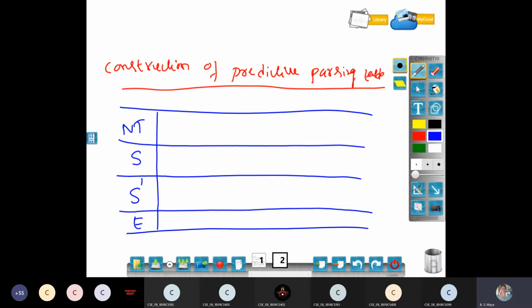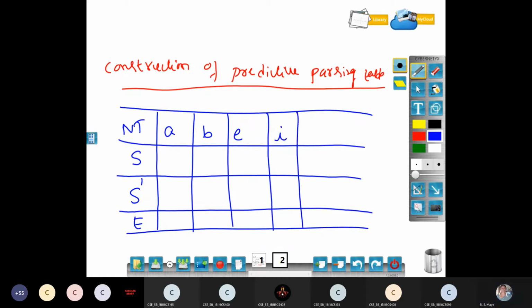You can include all of them in the given table: a, b, e, i, t, dollar.